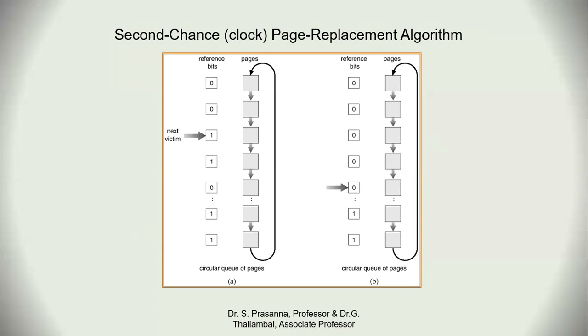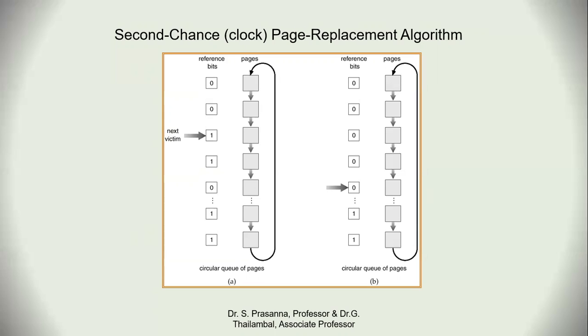That means after 10 pages it is not used very recently, so you use that as a victim. But the nearest one, which means it has been used recently, you give a second chance to that page.